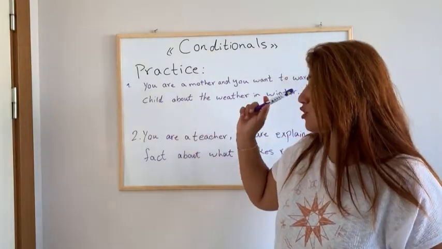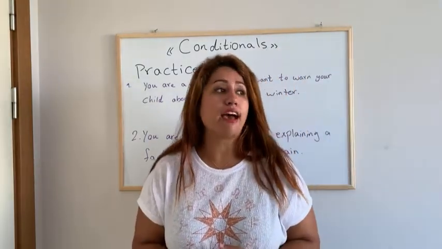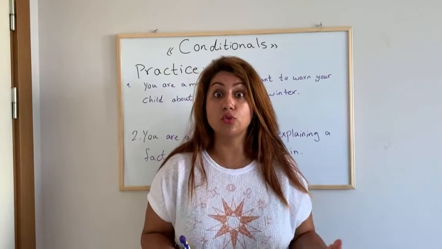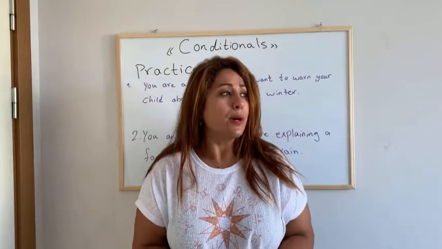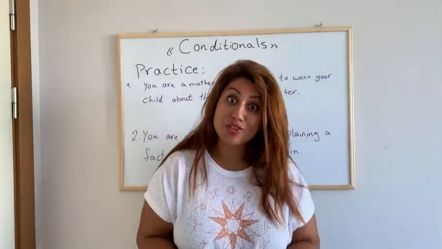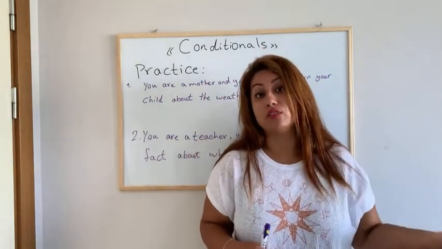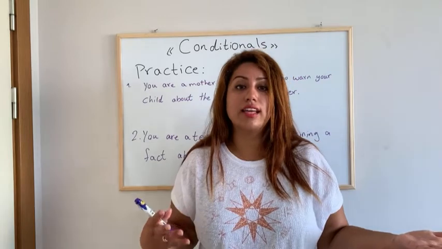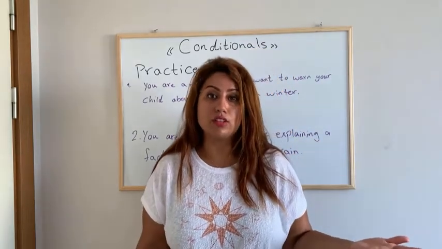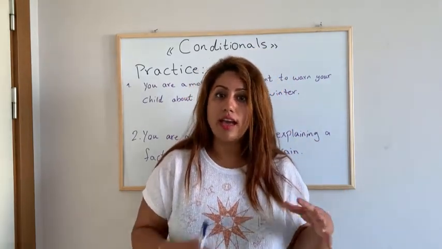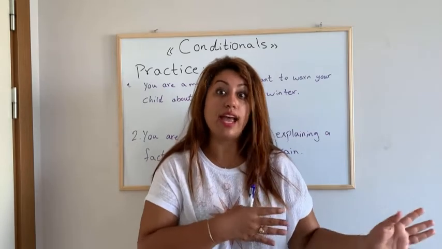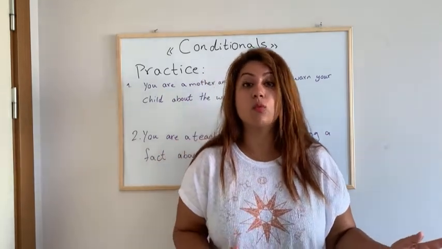For general forms, we have truth, instructions, rules, facts, and habits. But for will or first conditional, will and can, you're warning someone about the result. It is not that you are sure about a result. You warn someone, hey, if you do it, this will happen. This is a kind of warning.